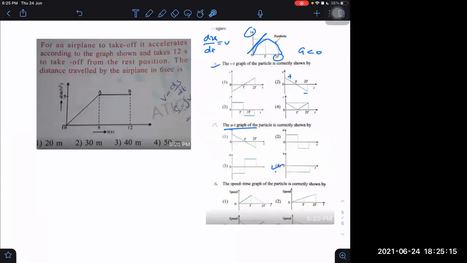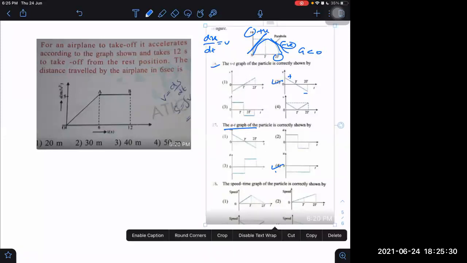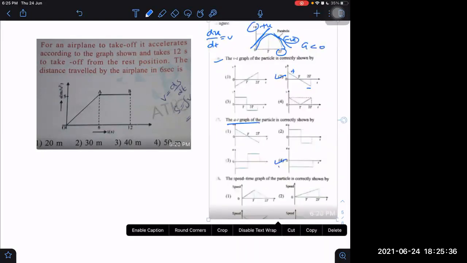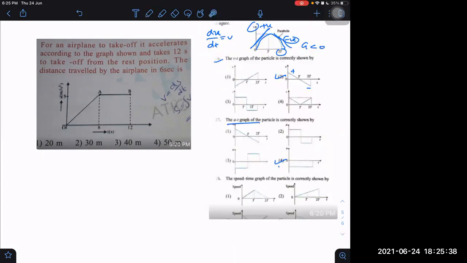One is changing from negative to positive. It should change from positive to negative slope. Option 2. And speed will be the same type of curve, but once we know velocity, we can just reflect it upwards. That will become speed.